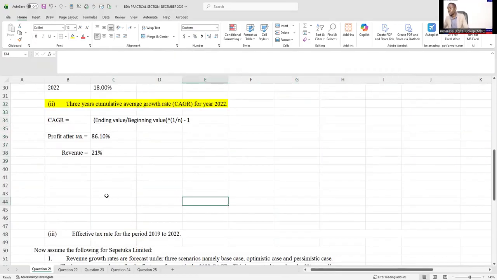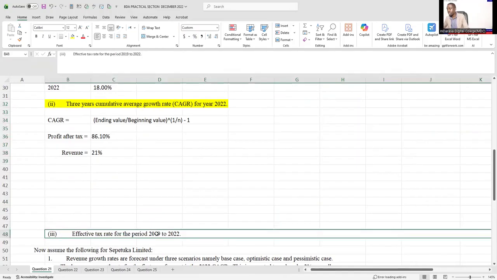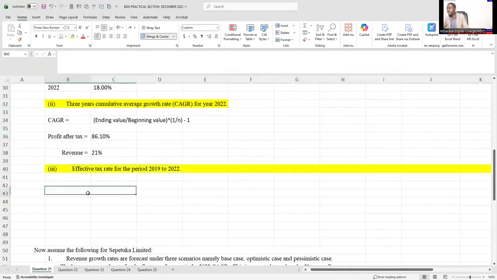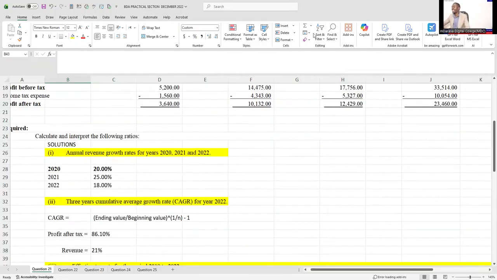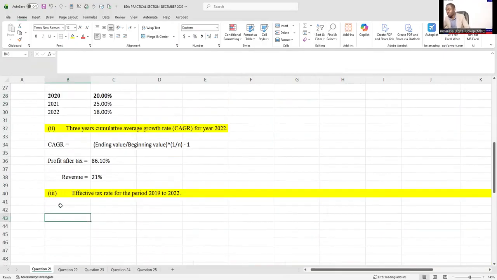So once that is done, of course, we go to the other part in here where we were asked about effective tax rate for the period 2019. Let us again try use our AI in Excel. So it is simple.